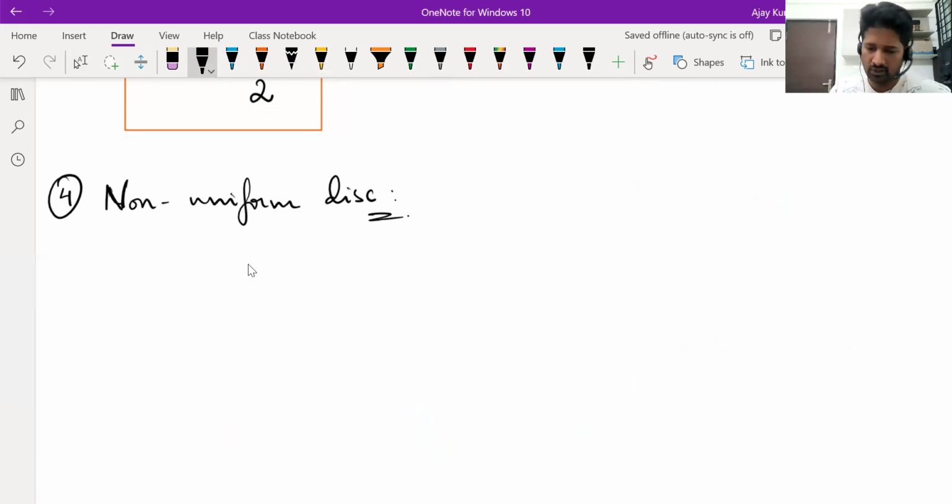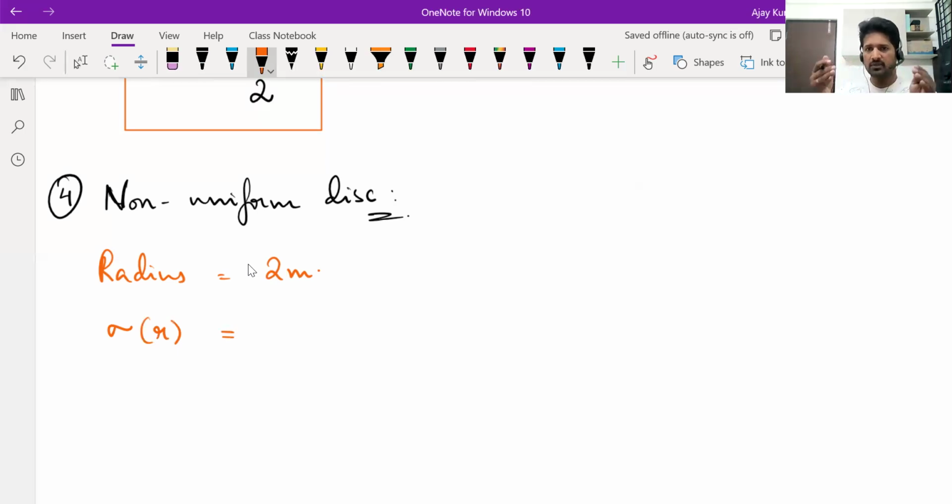So suppose there is a non-uniform disk. Assume its radius is 2 meters and its areal mass density depends on the distance from the axis. So from distance to distance, the density is changing.